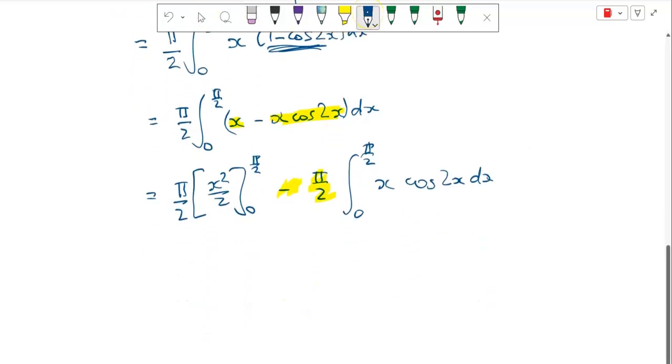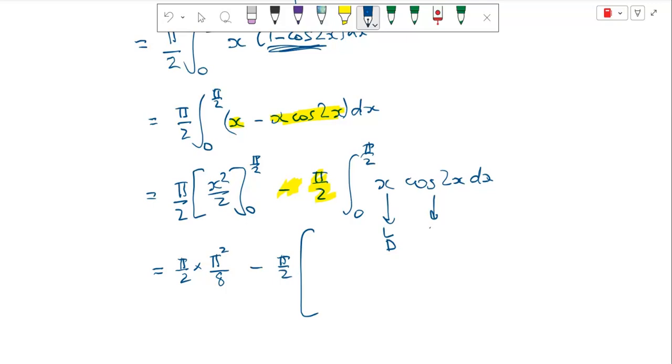So in here, we've got pi on 2 times pi squared on 4 divided by 2, so pi squared on 8, minus pi on 2, now big bracket, let's have a look. IBP, we're going to want to leave this one and differentiate this one, and we'll integrate the cos of 2x both times.